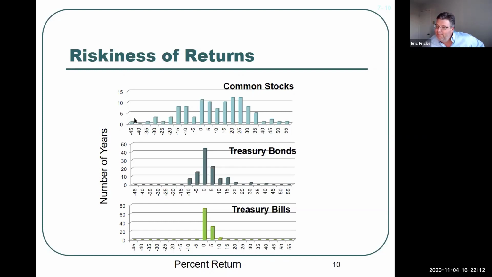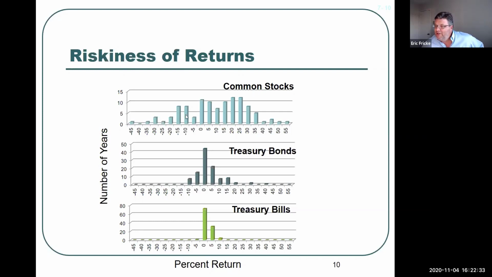So if you look here under common stocks, do you see how around minus 45, it has a little bump right there. But then at minus 40, it's basically zero. So what this says is that the common stocks have had a return of negative 45%. It looks like maybe once or twice, but they've never had a return of minus 40% because that's zero.